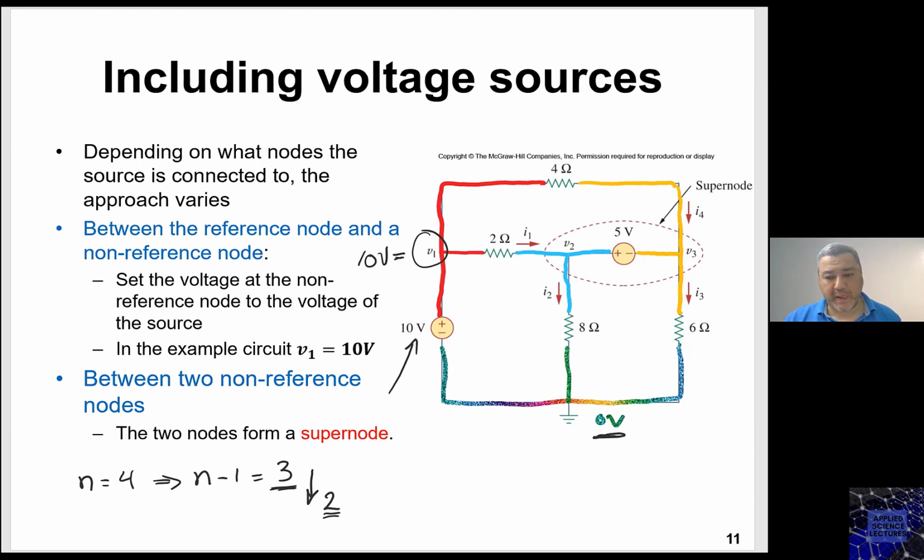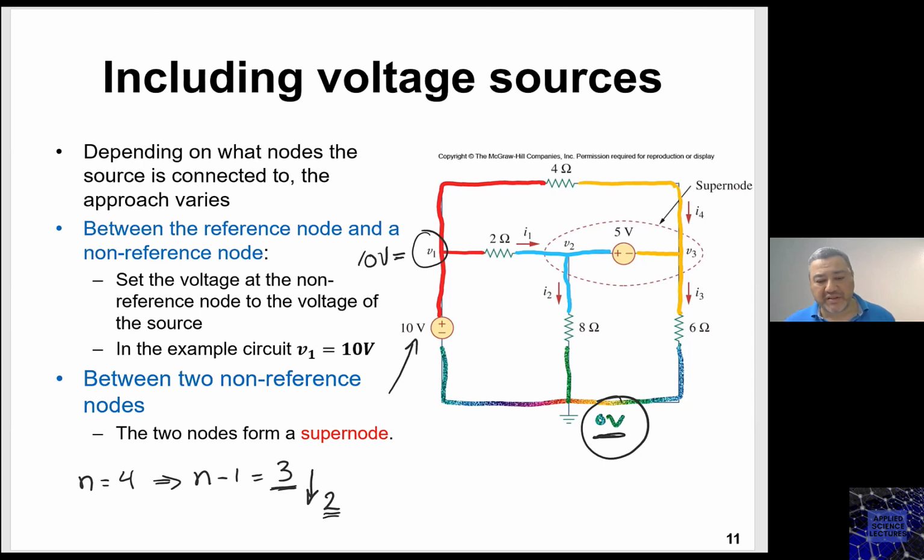Does this make sense? Yes. Okay. Yes, the reference node is the same as the ground node. That's correct, and that's why I gave it 0 volt here. So this voltage source generates a potential difference of 10 volts across its terminals.